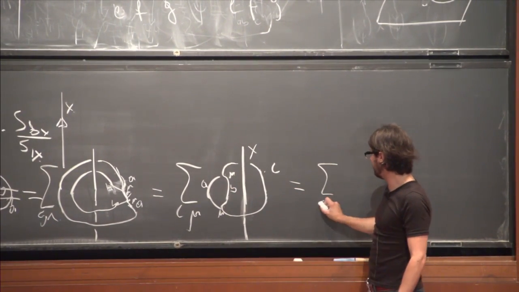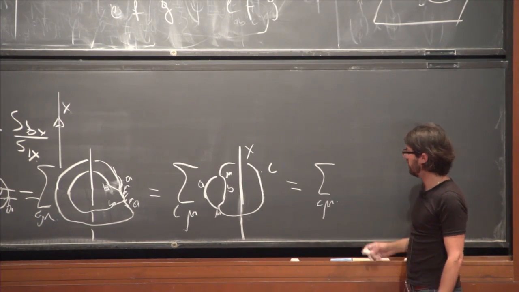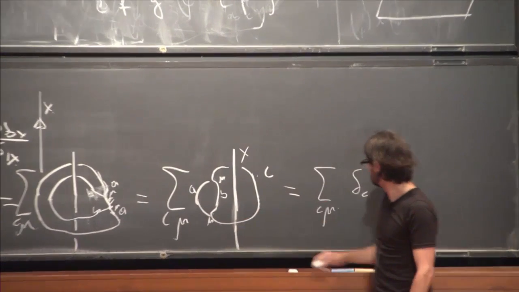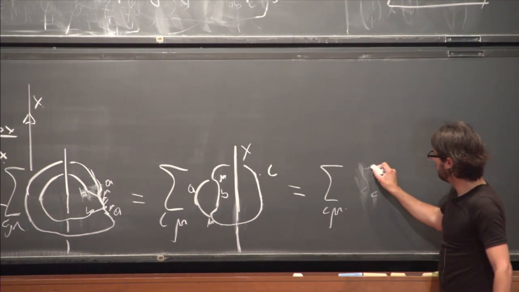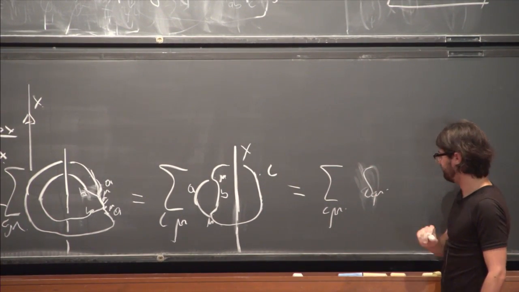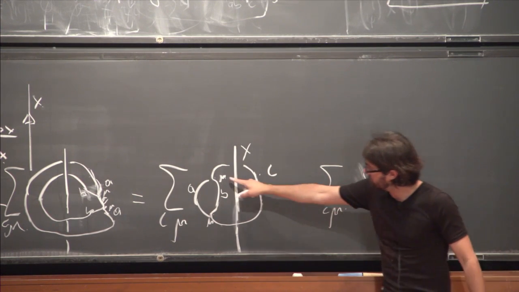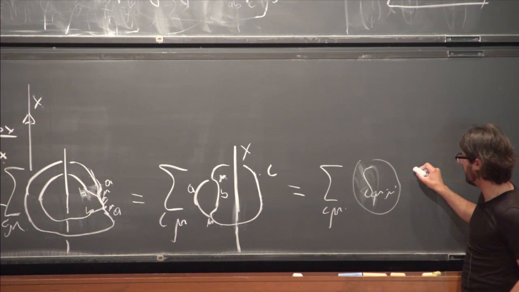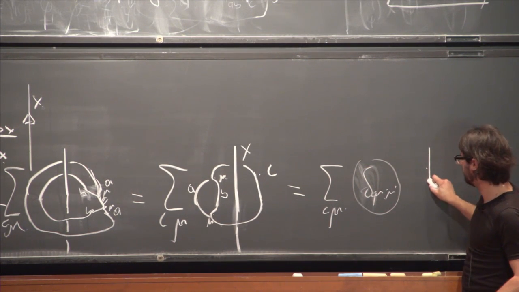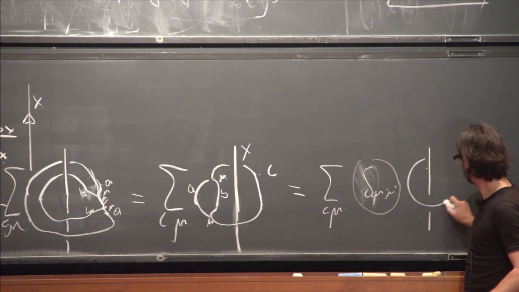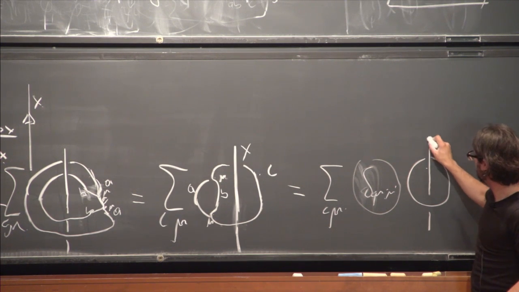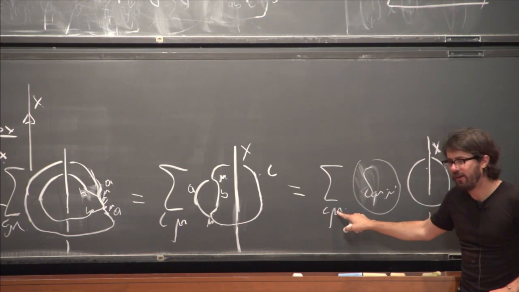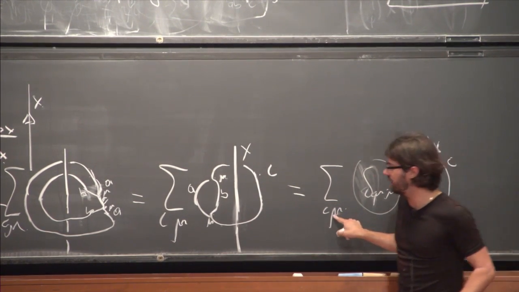But now I'm going to use my orthonormality relation. This is the sum over C and sum over mu of delta C. There's the same C, so the delta C is done. But the delta mu, mu and mu prime are the same, so this is also taken into account, times C and X. Now, I have this factor of mu. How many mu's are there here?